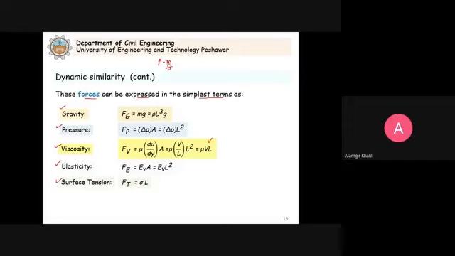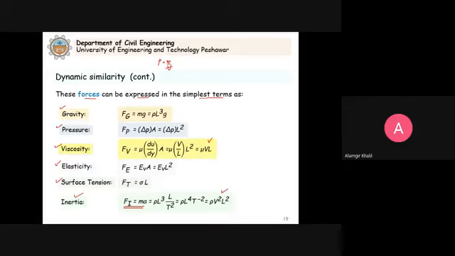So F is equal to sigma into L. And we have the inertia force that we already discussed when we tried to develop the Reynolds number. This is in accordance with Newton's second law, F = ma. So this can be written as rho v squared into L squared.